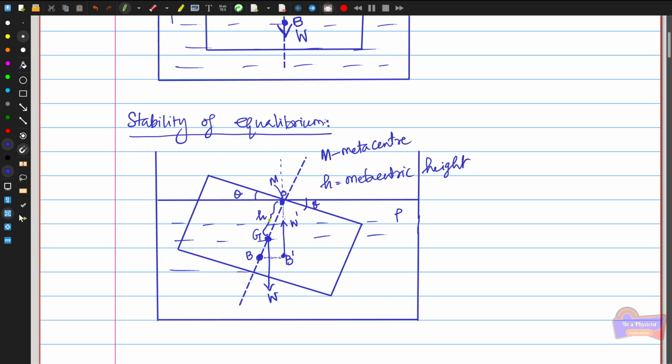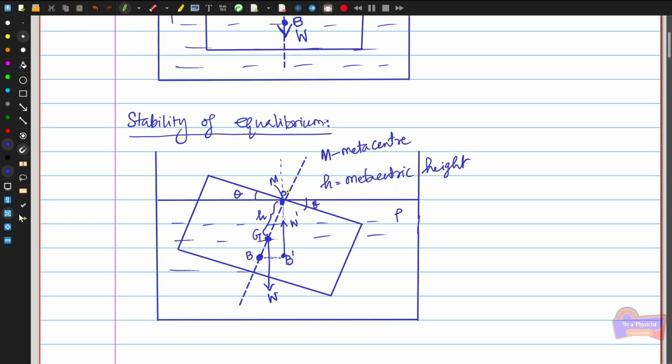Based on this, you can classify the stability as neutrally stable, completely stable, or unstable equilibrium, depending on the position of the metacentric point M.